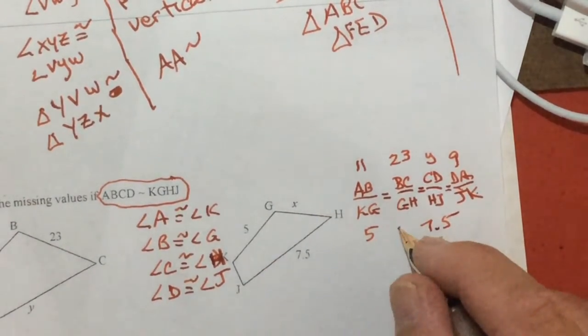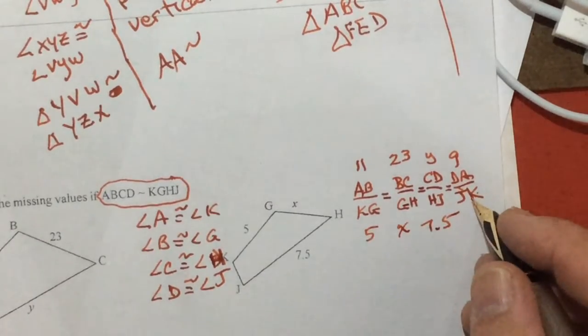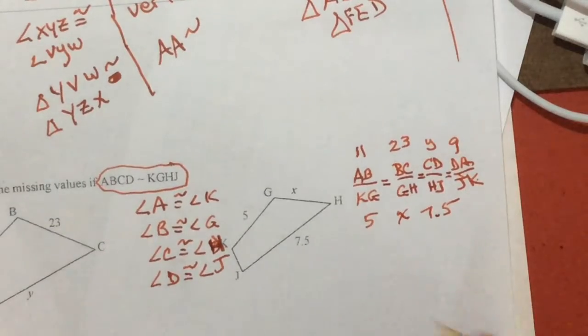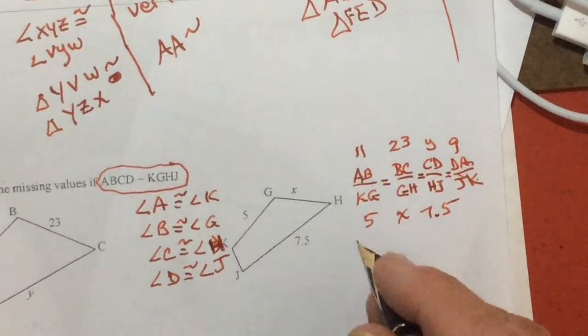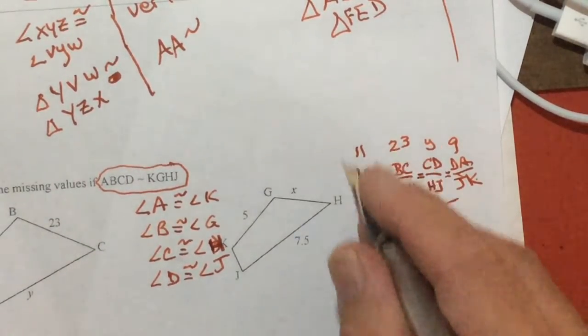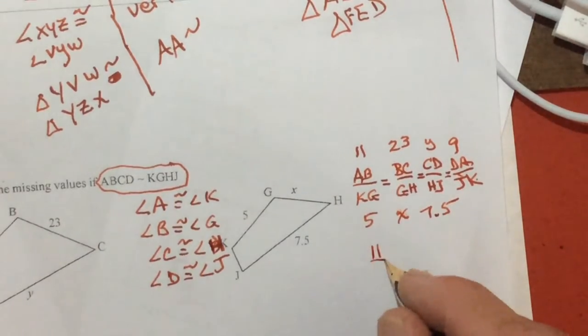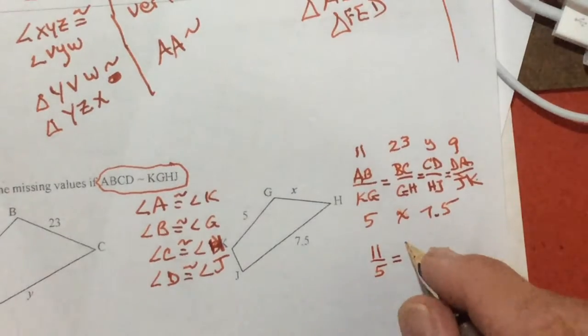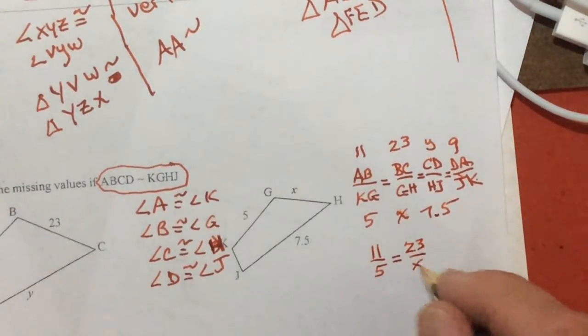That's here, is X, and we don't even care about this one, JK. So the only one here that has a ratio already is this one, because it's got both numbers, 11 over 5. And that's going to equal, let's do X first, 23 over X.